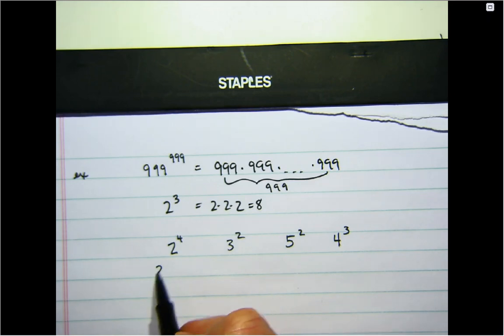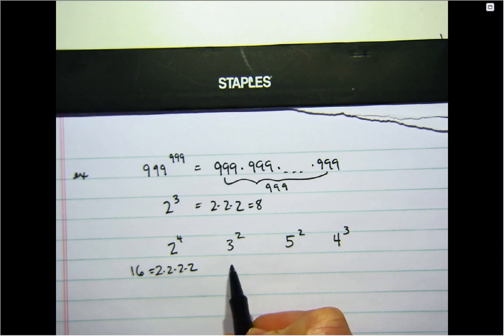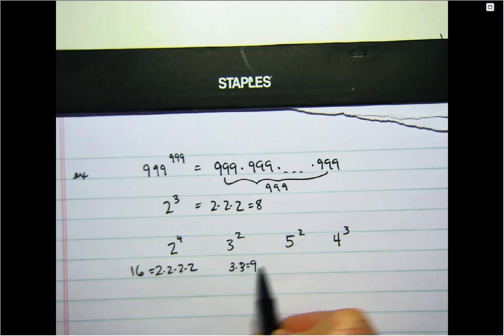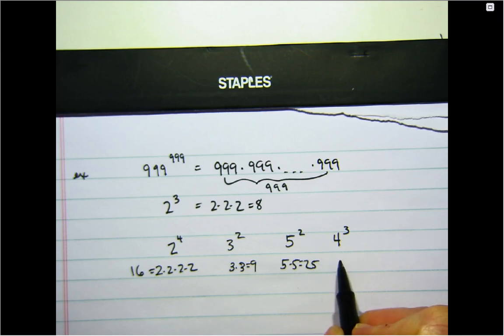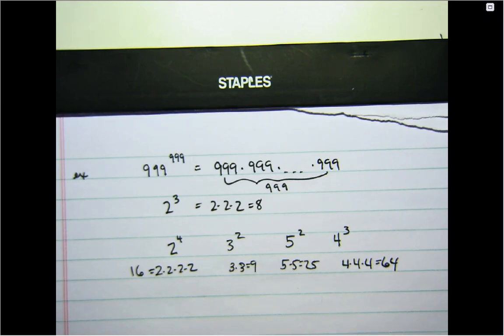So here this is 2 times 2 times 2 times 2, or 16. 3 times 3, or 9. 5 times 5, or 25. None of these numbers are prime because they're written as a product. And that's why the answer in the Mindscape is no. Because you can't write a number to an exponent other than 1 and have it be prime.